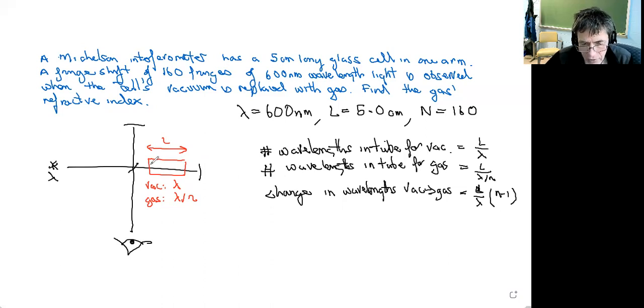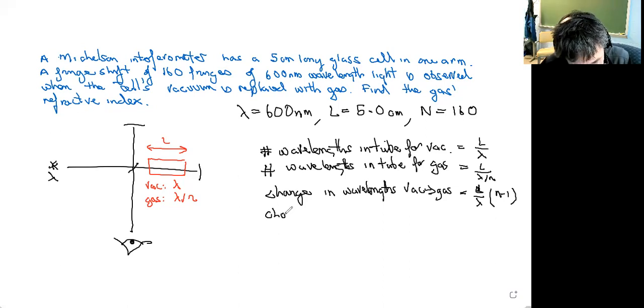And then secondly, when you count fringe shifts, you're counting the change from bright to dark, that's half a wavelength, then dark to bright, that's another half wavelength. And so there's a factor of 4 difference between the number of wavelengths change when you traverse the tube and the fringe shift change due to the light traversing the gas in the tube.